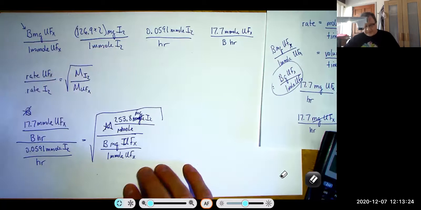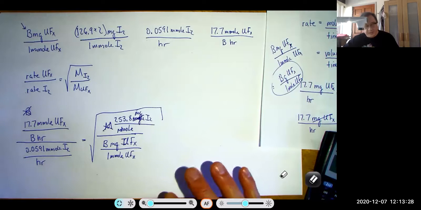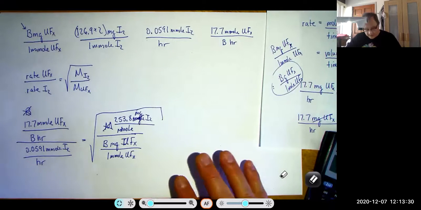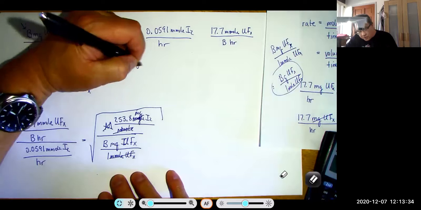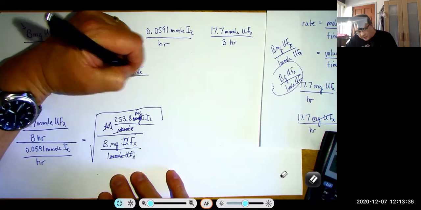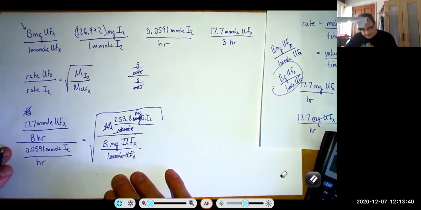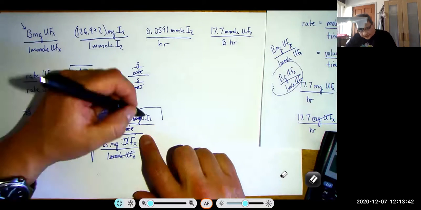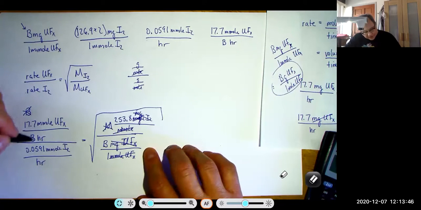So right now, it seems like the best thing to do is to try and simplify things as much as we can. So the millimoles cancel, because when you have grams per mole over grams per mole, the moles cancel out. These milligrams also cancel out. And here, these hours cancel out.